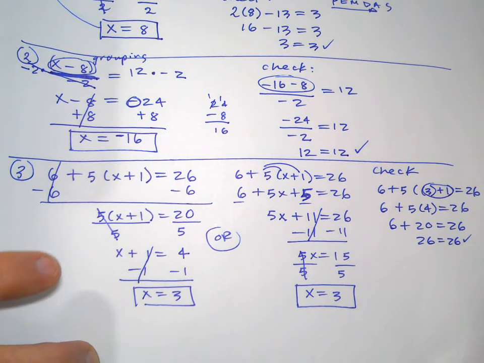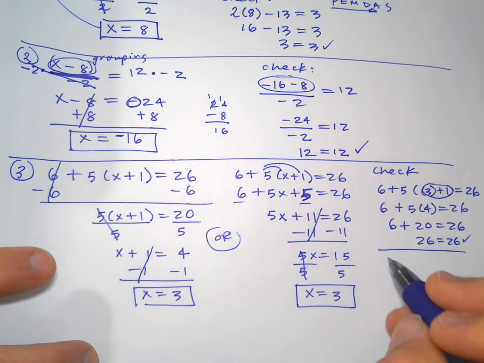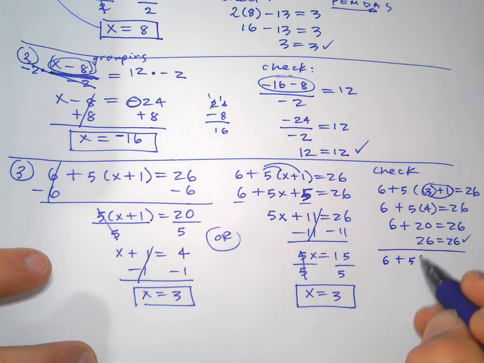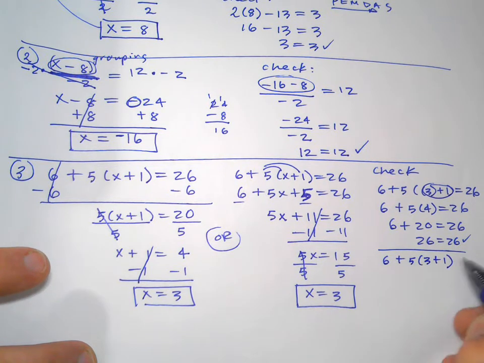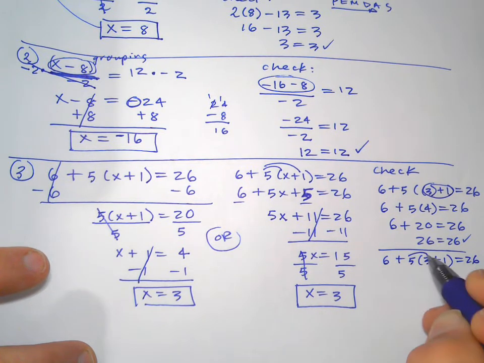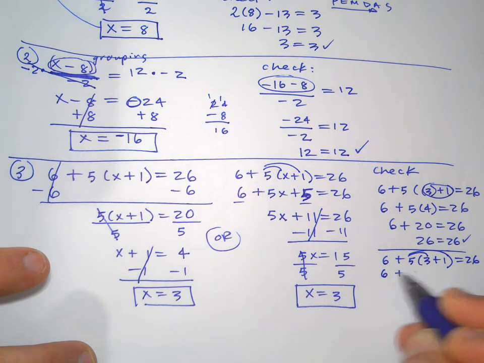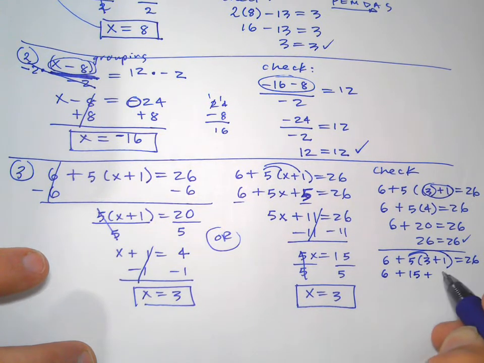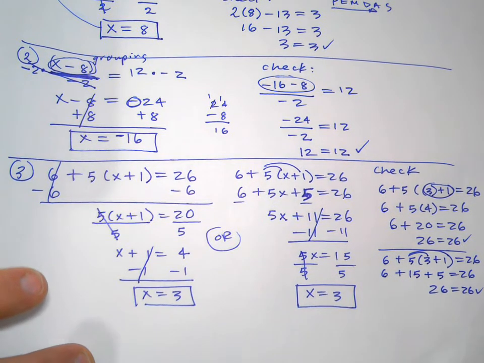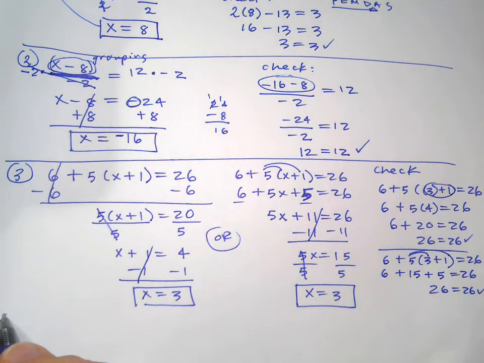And it works. The other option for checking it, and this is kind of going with that, I had two different ways of doing this, is instead of adding what was on the inside first, you could distribute and then combine all these together. So there we go.